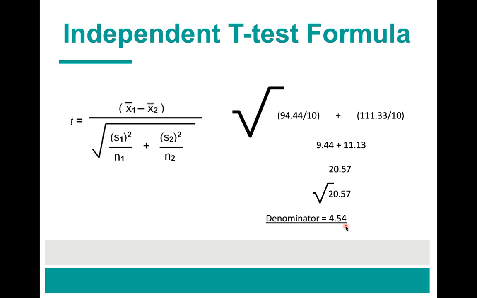This 4.54 represents the amount of difference in health that we should expect between our expressive group and our non-expressive group, basically just by chance, just kind of randomly. Randomly, there's going to be about this amount of difference in health between expressive and non-expressive writers.